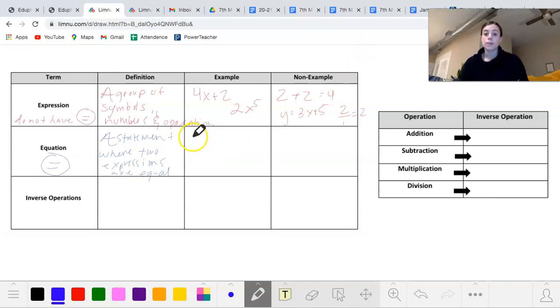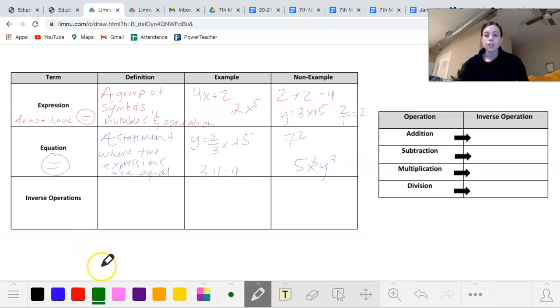So that could be y equals 2 over 3x plus 5. That could be 3 plus 1 equals 4. It has to have an equal sign. Things that aren't going to count are things like 7 to the 2nd power, or 5x, 3y, 7. They just don't have equal signs.